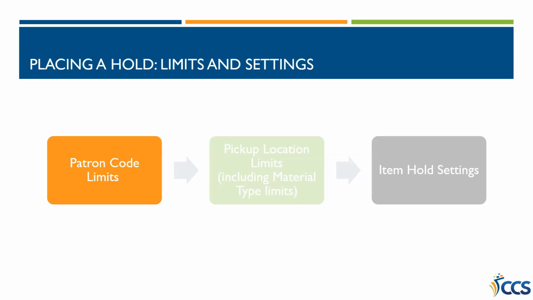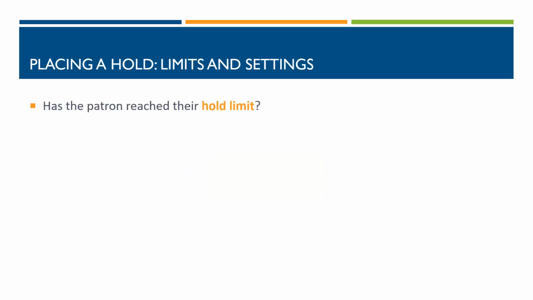At this first stage, we're going to start out with dealing with patron code limits. The first thing Polaris looks at is the patron code and asks, has the patron reached their hold limit? A patron's hold limit is determined by their patron code.